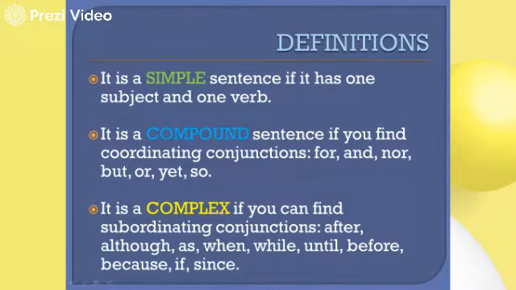It is a compound sentence if you have coordinating conjunctions: for, and, nor, but, or, yet, and so. We call them fanboys. It is a complex sentence if you can find subordinating conjunctions, or to make it easier: after, although, as, when, while, until, before, because, if, and since.